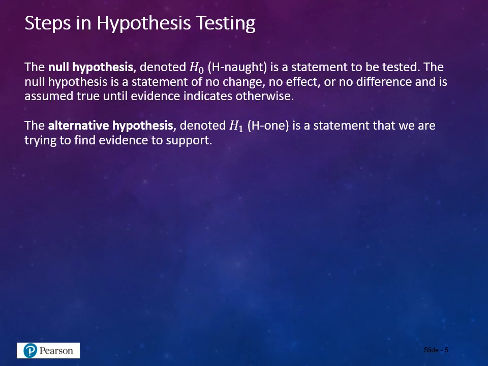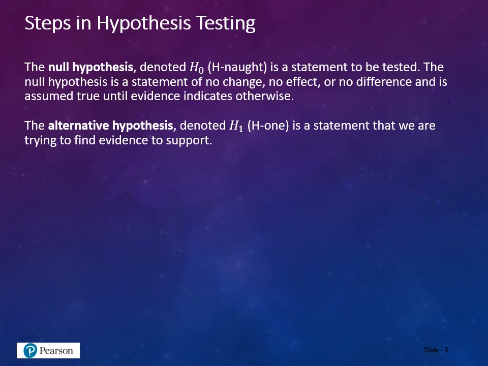The null hypothesis, denoted H0, which is that H sub-zero there, is a statement to be tested. The null hypothesis is a statement of no change, no effect, or no difference, and is assumed true until evidence indicates otherwise.